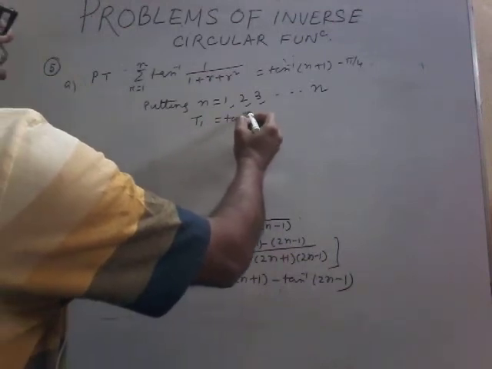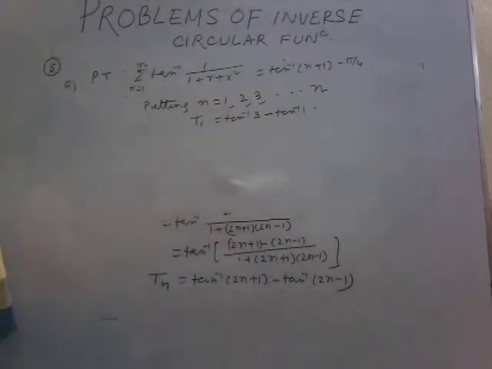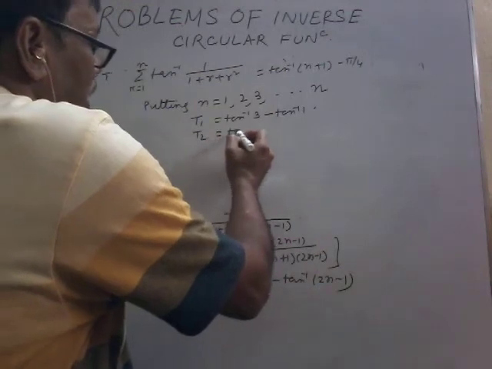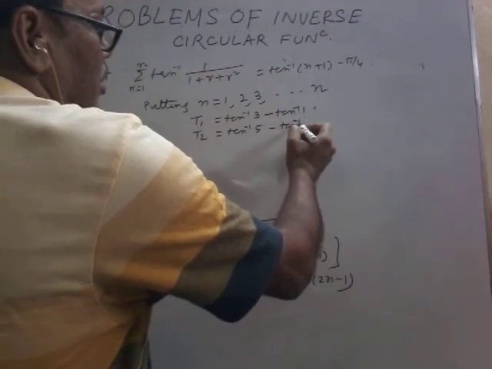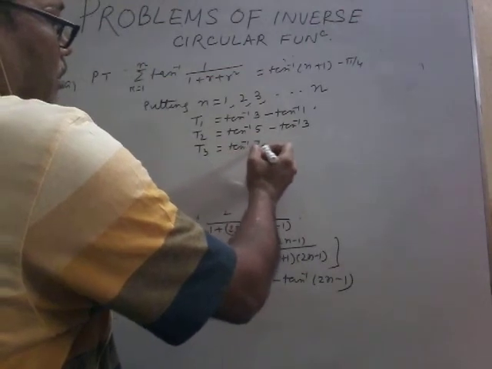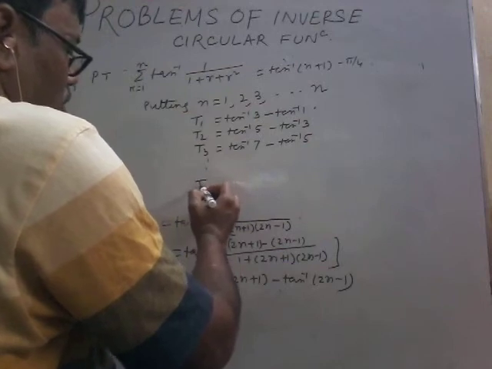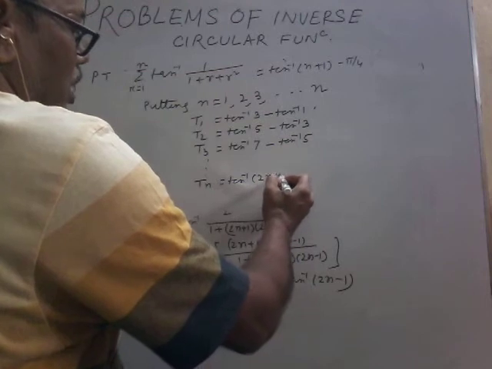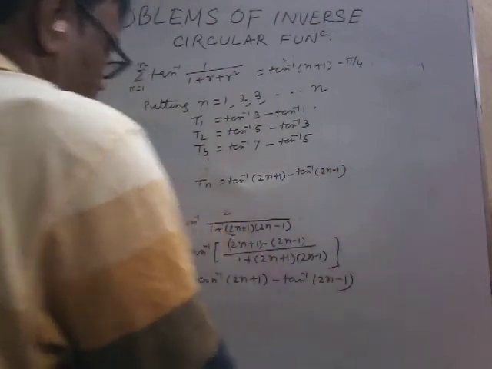Tan inverse 3 minus tan inverse 1. What is T2? Tan inverse 5 minus tan inverse 3. T3, tan inverse 7 minus tan inverse 5. Tn, tan inverse 2n plus 1 minus tan inverse 2n minus 1.